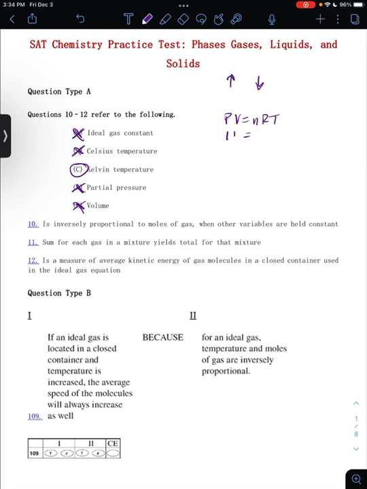The number of moles, we'll say all of these are 1. So we'll have 1 equals 1. Now, it's inversely proportional to number of moles of a gas when other variables are held constant.